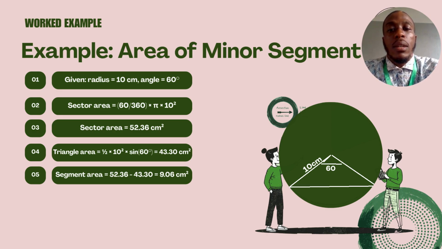Finally, the area of the segment is 52.36 minus 43.30, which will give you 9.08 centimeters squared. So you can see that the area of the segment is the difference between the area of the sector and the area of the triangle.